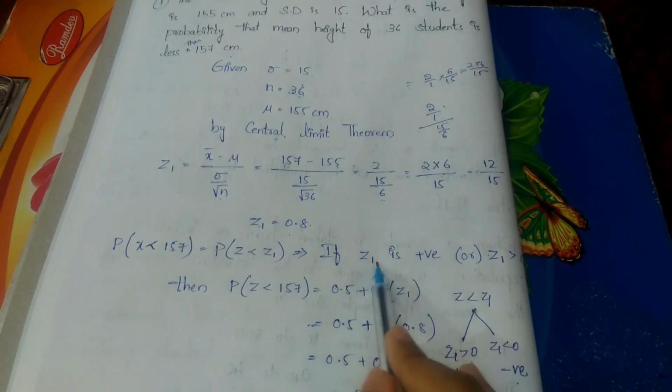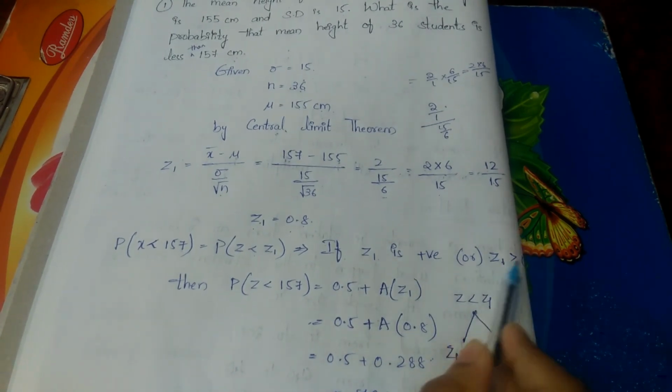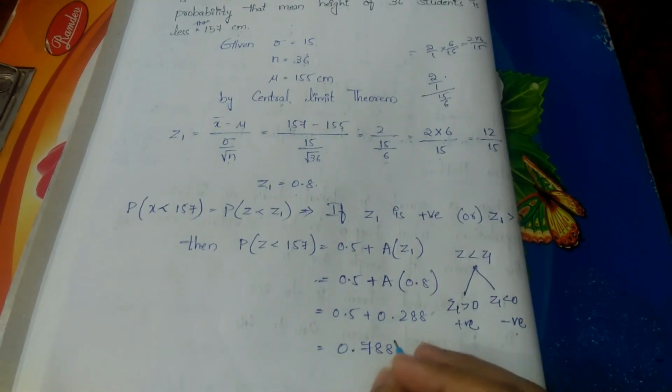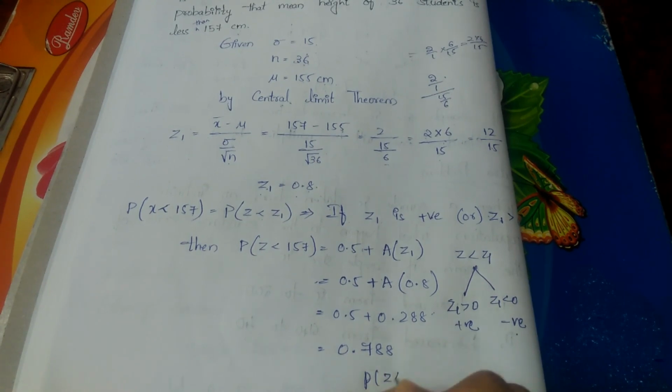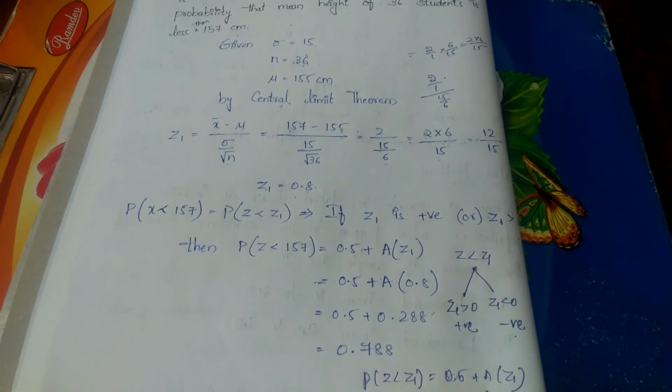So if z1 is greater than 0, then the formula we will use is probability of z less than z1 is equal to 0.5 plus area of z1. So this is the formula we will use.